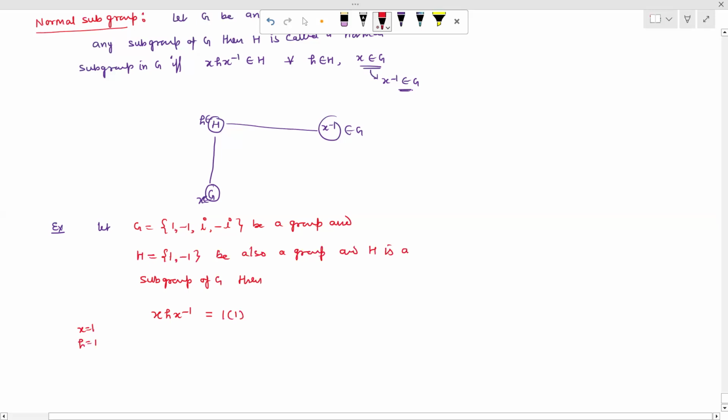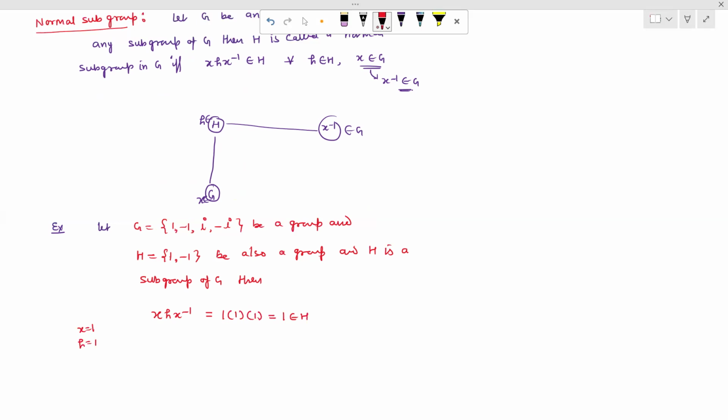When G is a group under multiplication, the inverse also exists in it, so the inverse of 1 is obviously 1. So x h x inverse is equal to 1, and 1 belongs to H. So we can say that x h x inverse belongs to H.